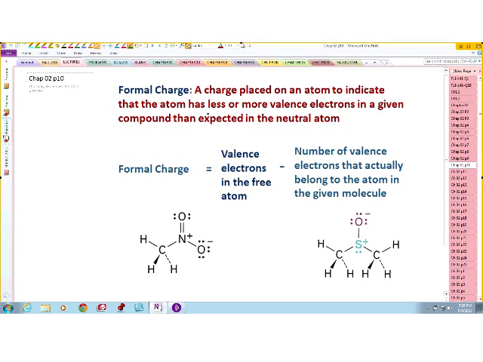Now, another concept I would like to introduce to you is what we call formal charge. This is also a very important concept. Remember we have been telling you, in order to determine whether a molecule is acceptable as a stable molecule or not, you have to consider the valence and the octet.